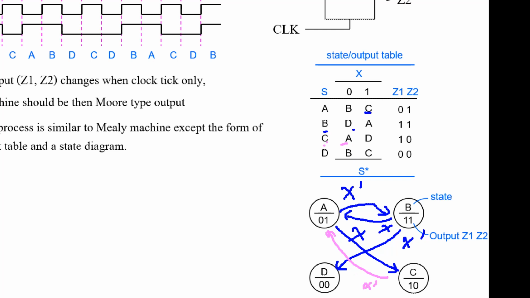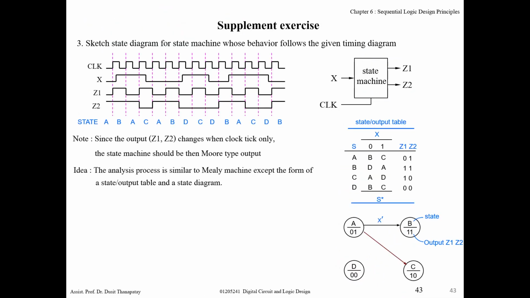C to D when x is 1. D to B when x is 0, x prime. D to C when x is 1. Something like this. Okay? So you can write the state diagram.